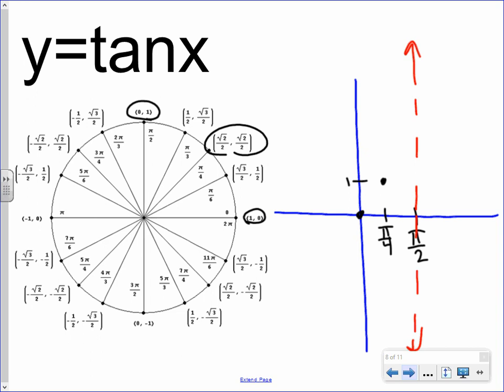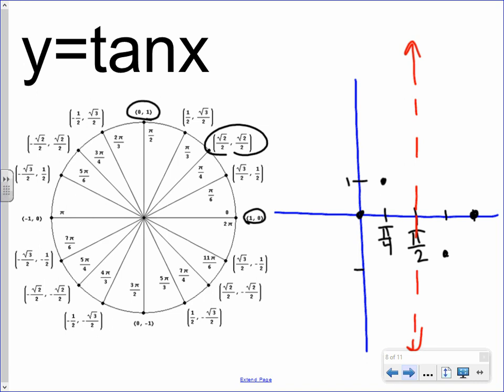All right? We'll keep going. What is the tangent of 3 pi over 4? -1. What is the tangent of pi? Tangent of pi is 0.